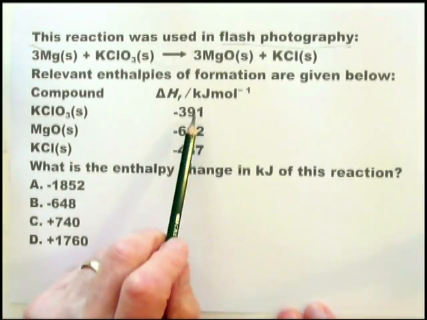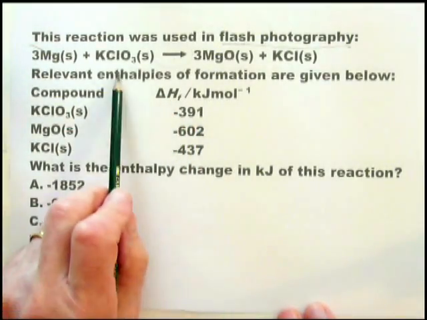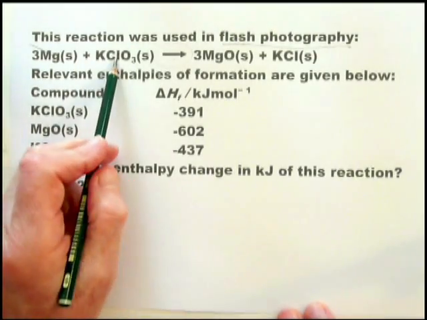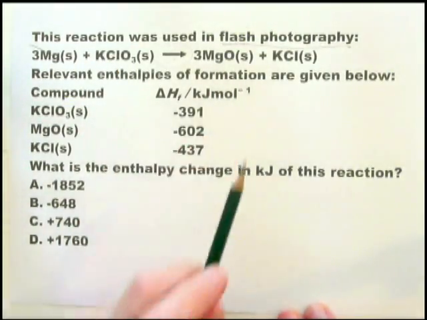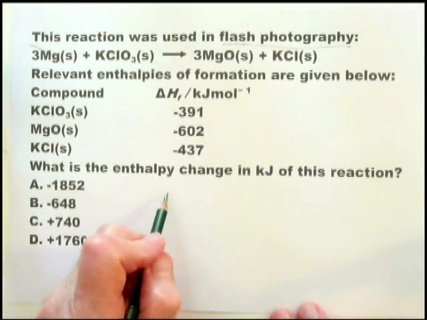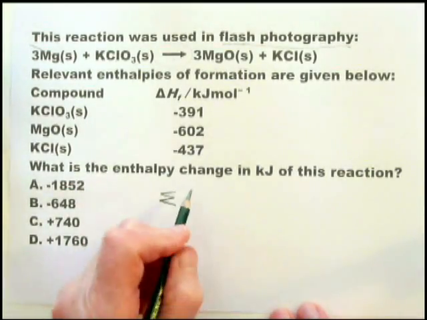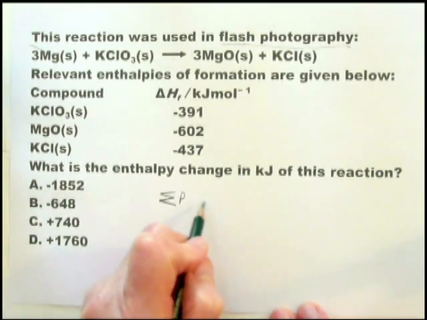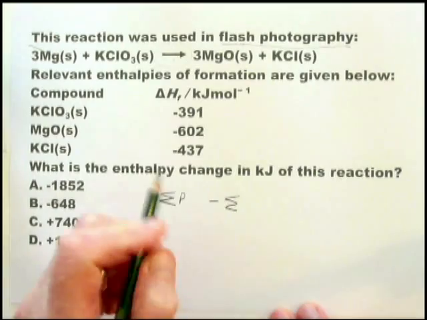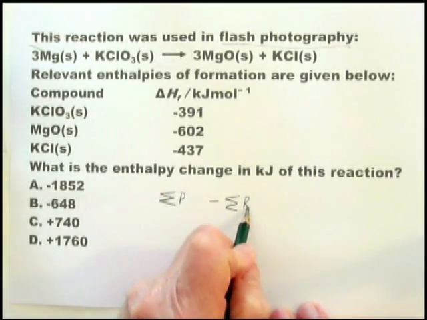So let's look at the delta H's of formation of that and those two, and take into account that you do the delta H formation of the products minus the delta H of formation of the reactants.